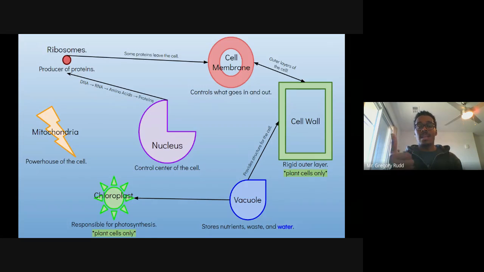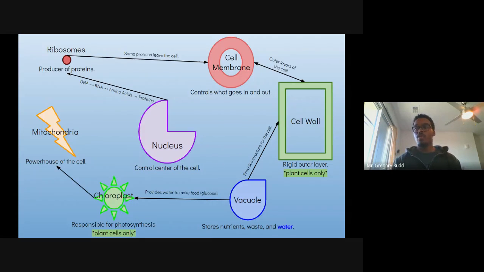Number one, sunlight. Number two, it needs carbon dioxide, which is a gas that's in the atmosphere. And number three, it needs water. So the vacuole is storing water not only to maintain water pressure, but also so that the plant can do photosynthesis. And the end result of photosynthesis is, of course, glucose.